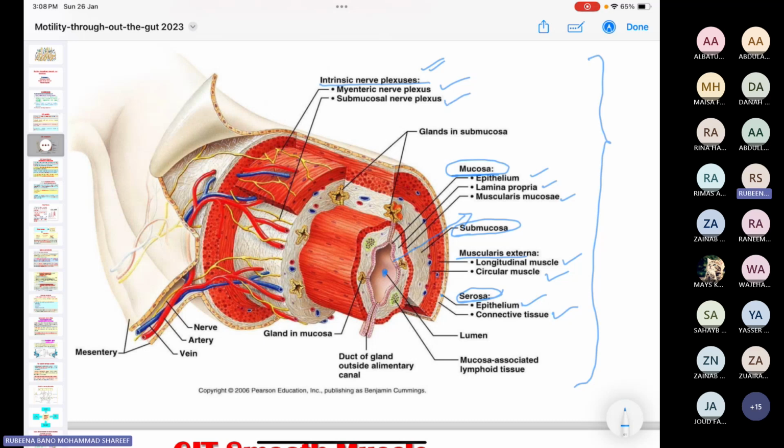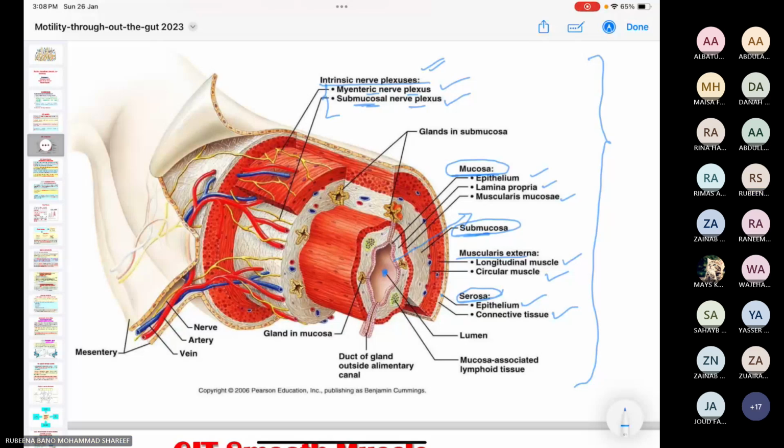In the intrinsic nerve plexus, there are 2 plexuses: myenteric nerve plexus and the submucosal nerve plexus. Now, you need to know about its location, where it is. So, myenteric nerve plexus is in the muscle layer, and submucosal nerve plexus is in the submucosa layer.